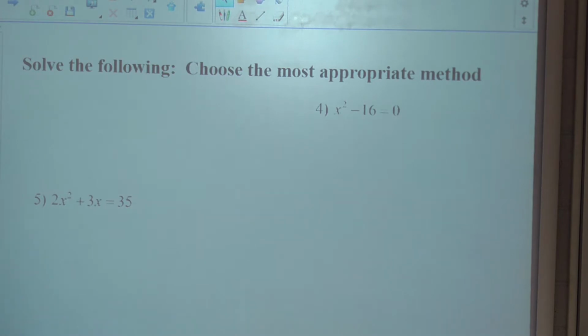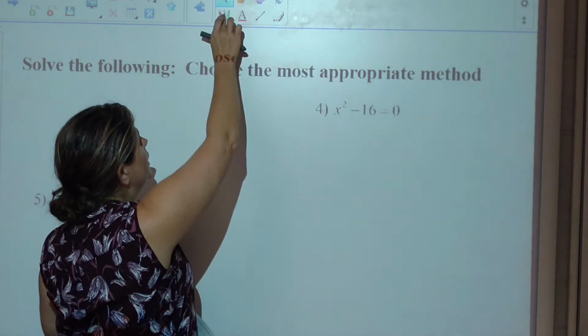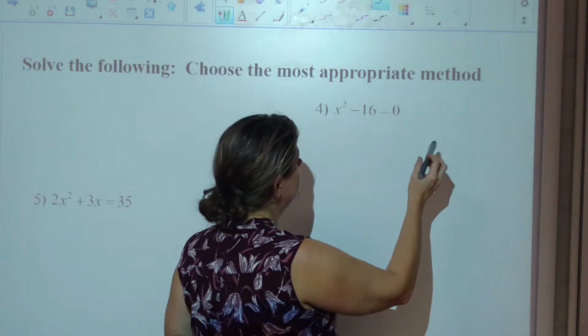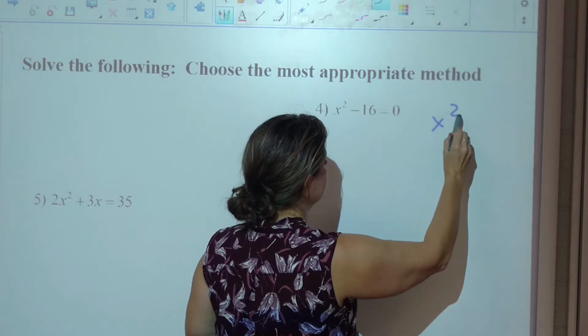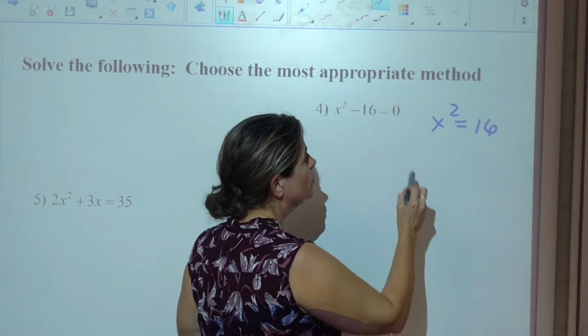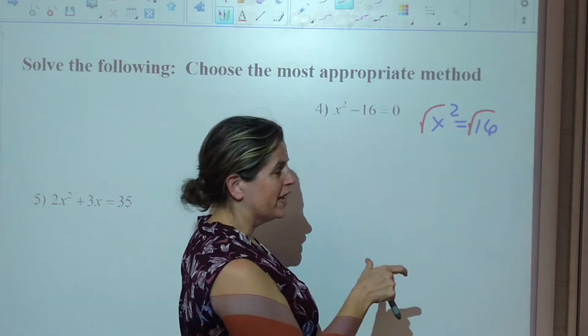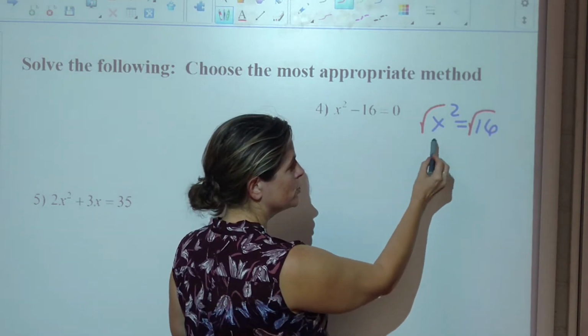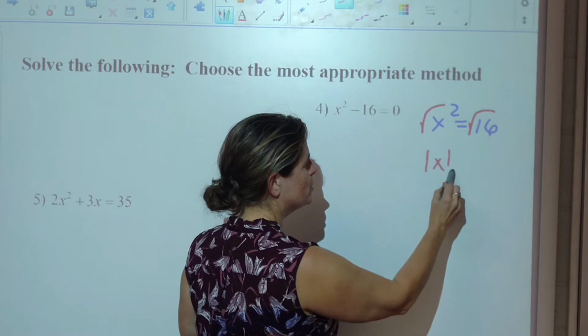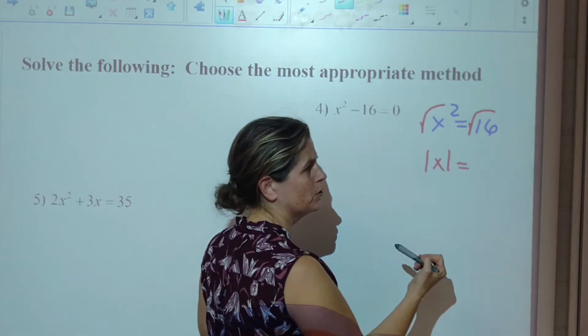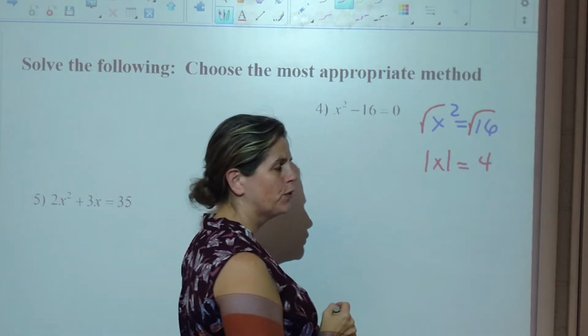So the first thing we're going to do is, if you look at number 4, it might make sense to add over the 16, and so you would think of that as x squared equals 16. We would need to take the square root to solve. That's fine, but remember, when you take the square root of a variable, that is the absolute value of x equals the square root of 16, which is 4.